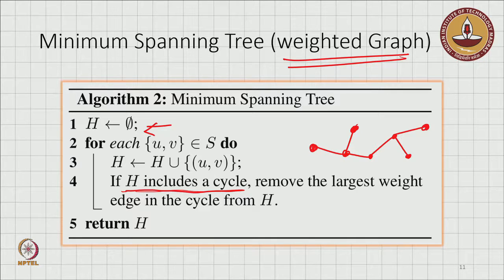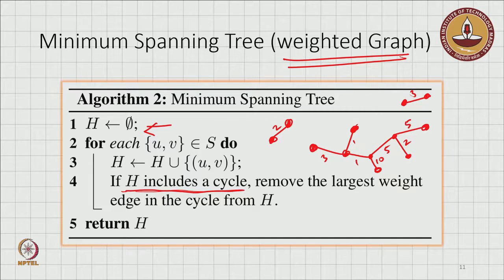The invariant we'll be maintaining is that at the start of each for loop, H will represent a forest, and the forest will actually be weighted. Let's say the weights are 2, 3, 1, 5, 2, 1, 10, 2, 5.